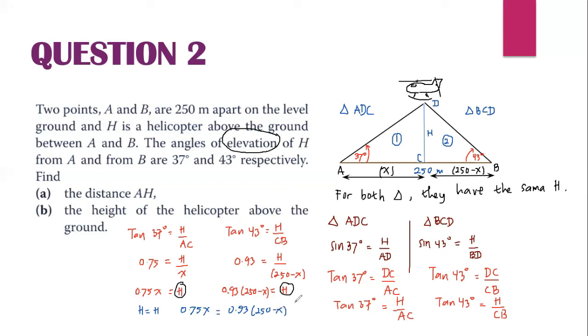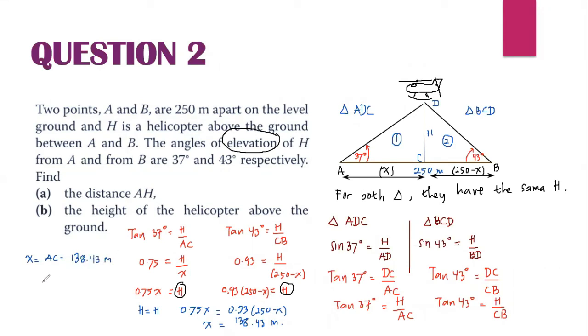Okay? Is it clear? Finally, by using the calculator, we found that x is 138.43 meters. Now, we already found the answer, right? We found the answer for x. x is AC, equal to 138.43 meters.